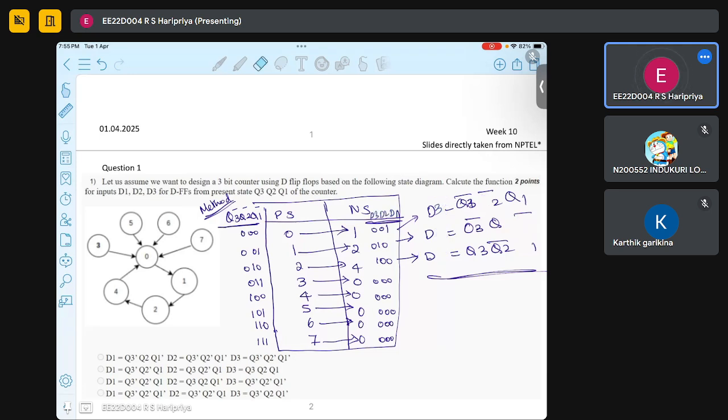This equation, so I'll just write it again. This represents V3 and this is obtained for 0, 1, V.